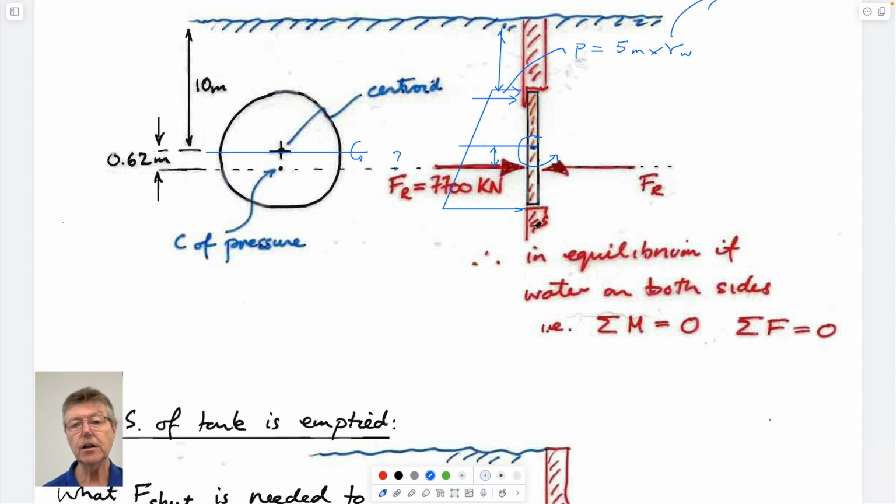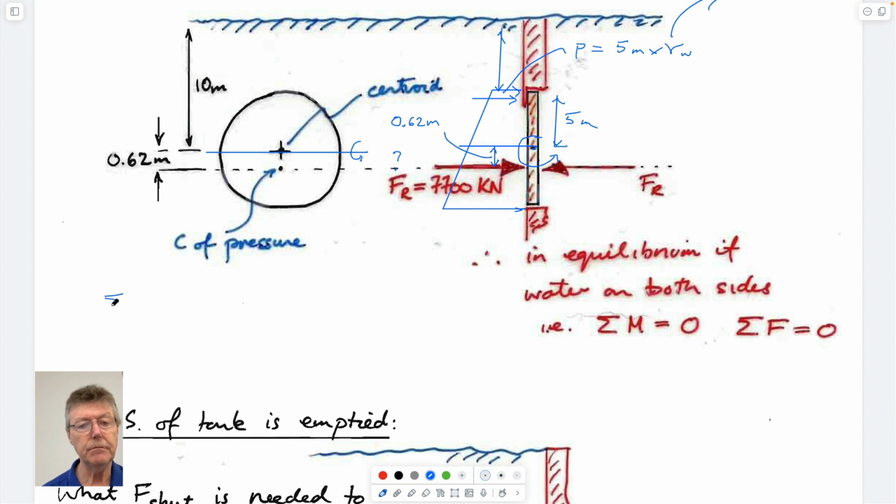If we want to calculate the magnitudes, then we know that this is equal to 0.62 meters. This length here is equal to 5 meters, I think, right?